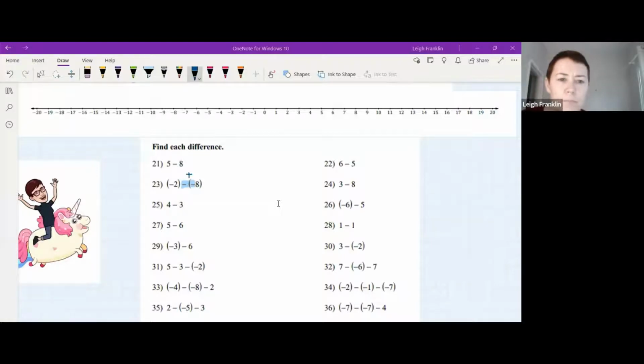I'm struggling with question 30. Okay, where are you starting on the number line? 3. Absolutely. And when you see the minus minus, what happens to that? You add. Okay, so you're going to start at 3 and then you're going to add how much? 2. Oh, okay, thank you. Okay, no problem.